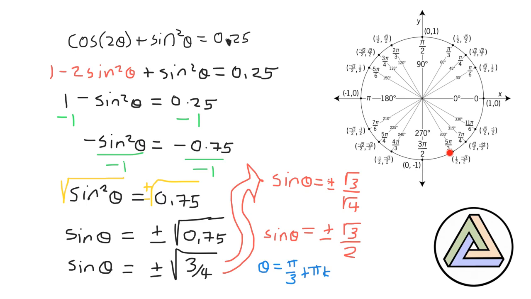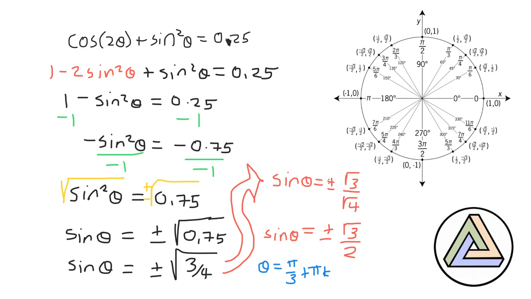And again, keep in mind, that negative radical 3 over 2, well, that's one of the answers, right? It's positive radical 3 over 2 and negative radical 3 over 2. So I'm comfortable with calling the other answer such that theta equals 2 pi over 3 plus pi k also, because you'll keep on landing on an angle that gives you what you want.